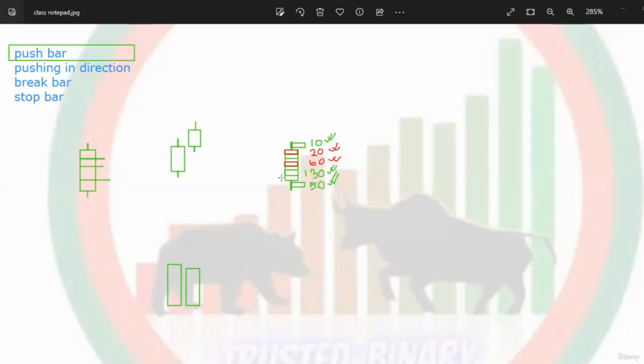So when we see this below part, in this bullish candlestick, this is the tick volume, this volume is 130. That means exactly at this point, this volume is high by the buyer side. This is a bullish candlestick and this volume is high by the buyer side. So this is called the push bar, when we see this type of situation.